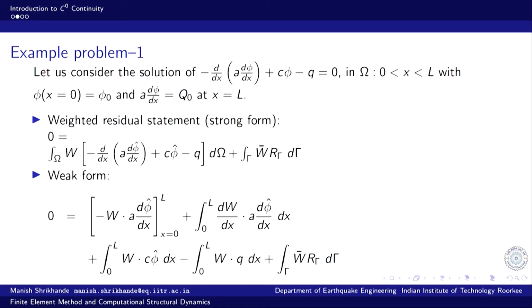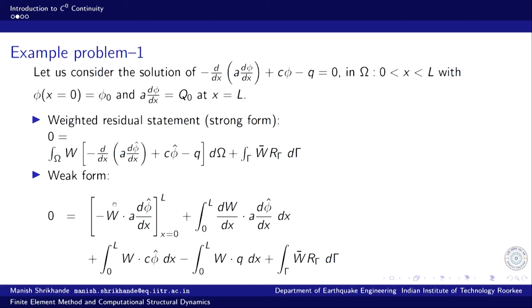Now, looking at the boundary term, we take recourse to this boundary term and try to identify what are the secondary variables and what are the primary variables of the problem. The primary variable is the one where the weighting function W presents itself in its own form, without any derivative, in the boundary term of the weak form, and we replace W by the unknown of the problem, that is phi.